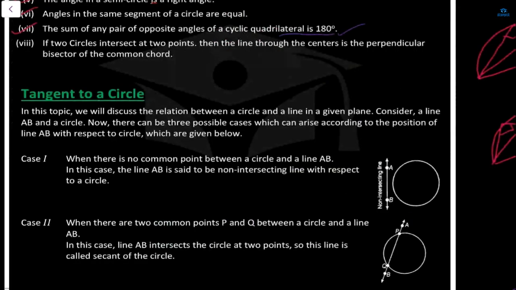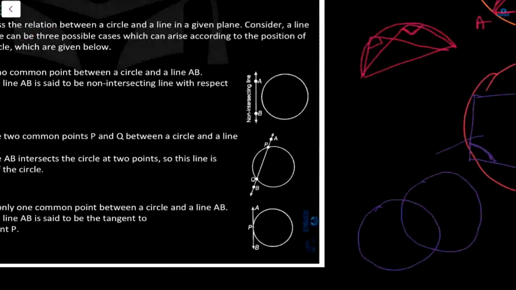If two circles intersect at two points, you can see this is one of the points and this is the other.